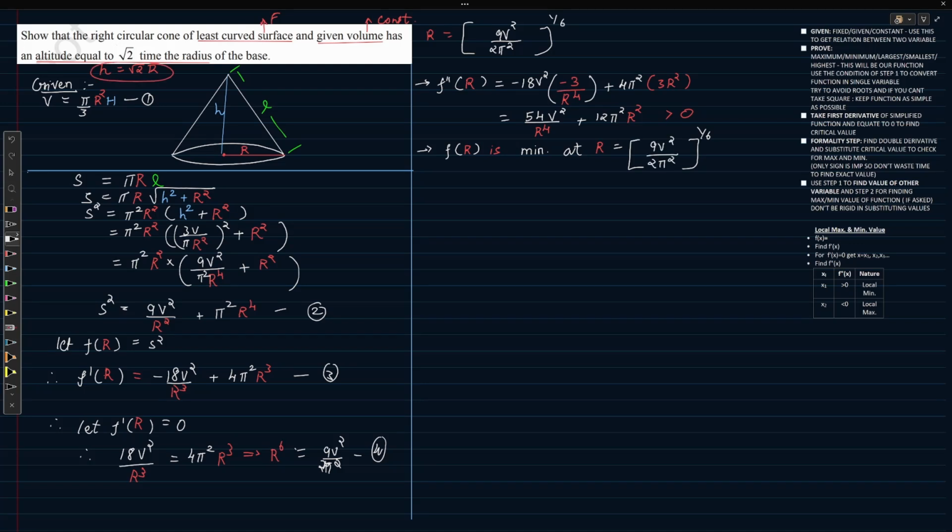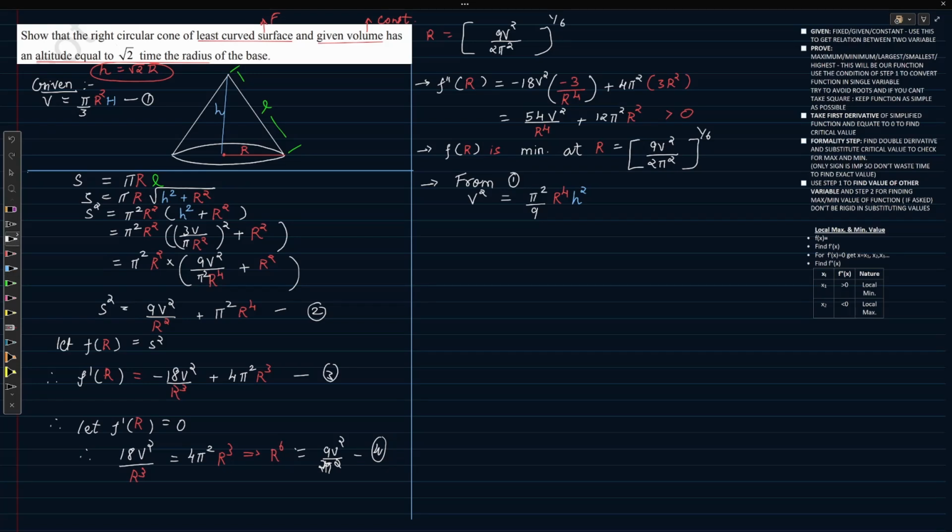From equation 1, we can say v square equals pi square by 9 r raised to 4 into h square. We have done the square of equation 1 because in equation 4 we have the value related to v square.